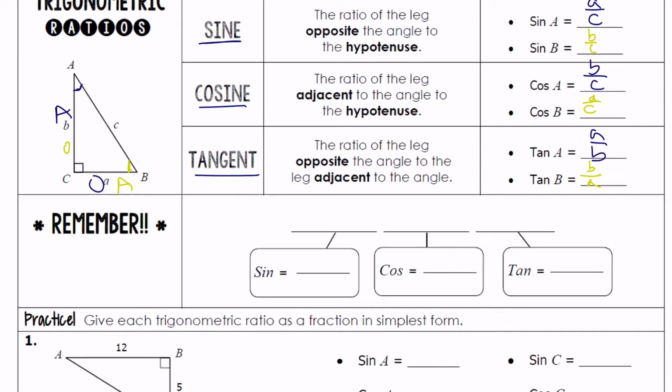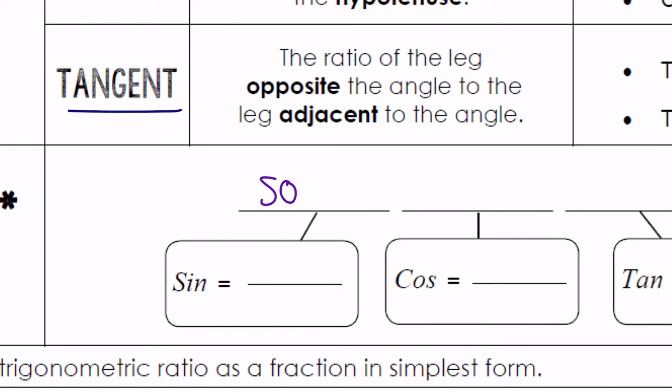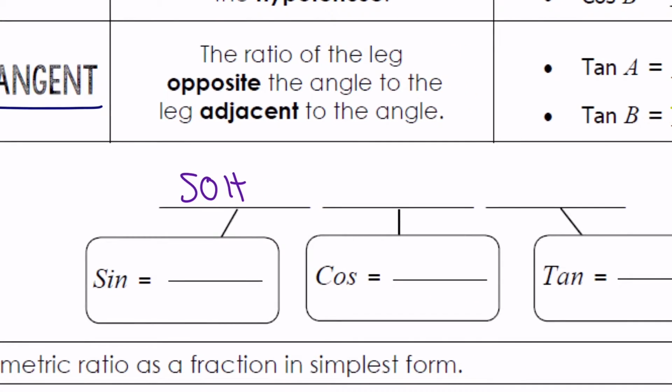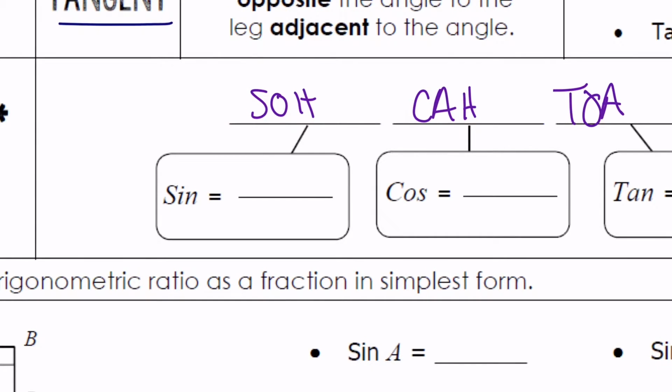We have this cool trick that we can use, and it sounds like an Indian name of some sort, but it's what we call SOHCAHTOA, where SOH represents the sine of an angle, which is equal to the opposite over the hypotenuse.